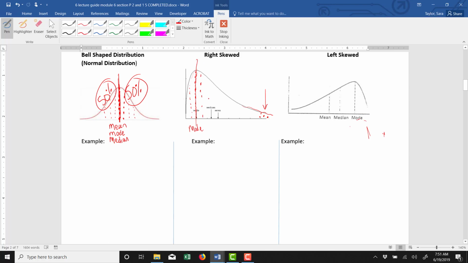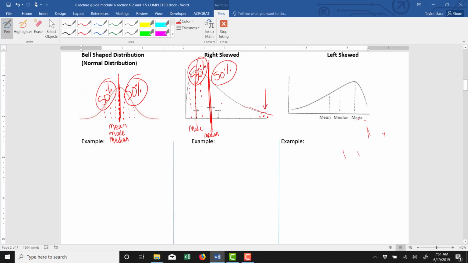Median would be probably the next easiest thing to think about. Median on a right skewed distribution on this particular graph would be about right here. And again, a median is found by thinking about where is the value that would have 50% of the data values below it and 50% of the data values above it. That would be about right here.